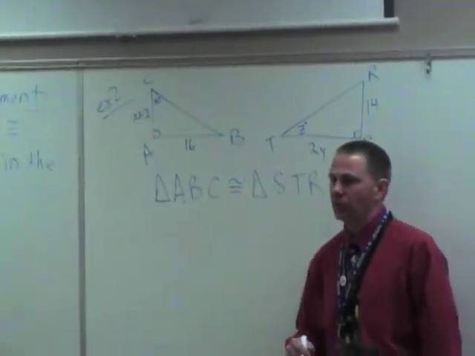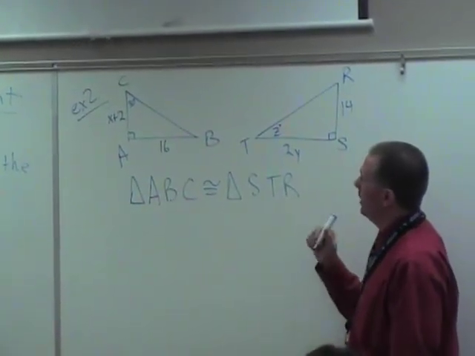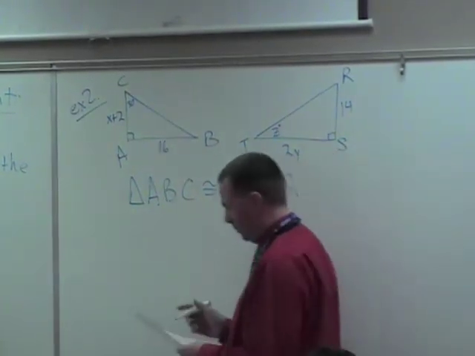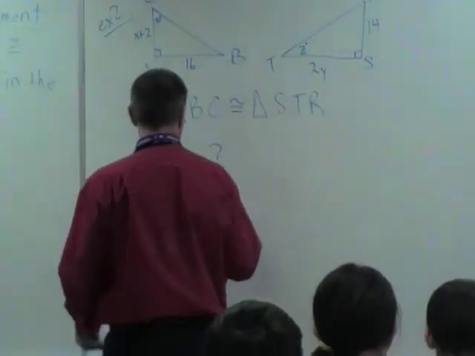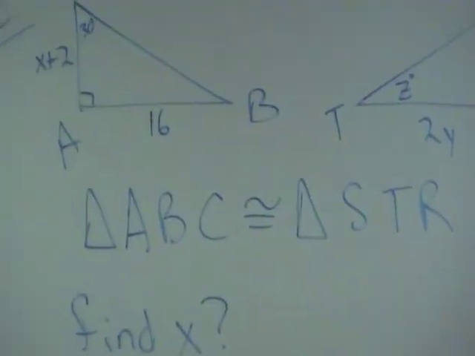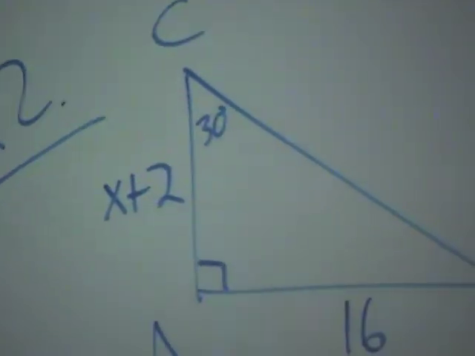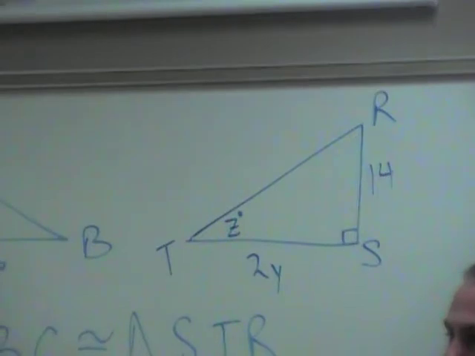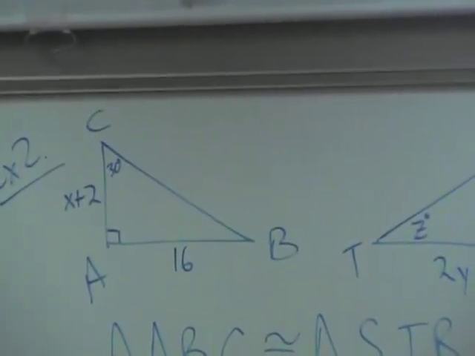Alright, so since they're congruent and you understand correspondence, then you ought to be able to tell me what x is and what z is. So here's the first part, find x. So what is corresponding to x plus 2? Okay, so they're equal, right? Yeah.